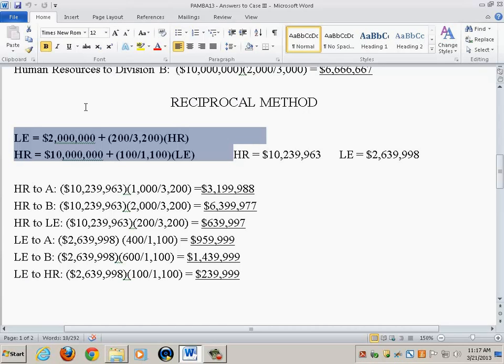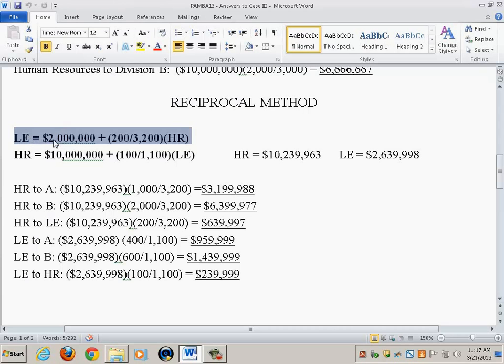So if we keep those definitions of the variables in mind, we can easily interpret the first equation. The first equation wants to reflect how many dollars in costs legal has to allocate to all other units.